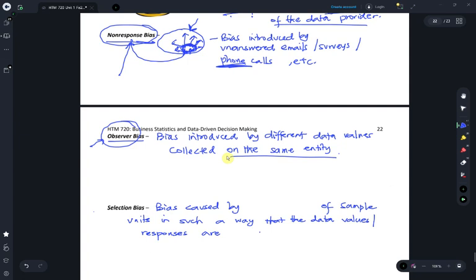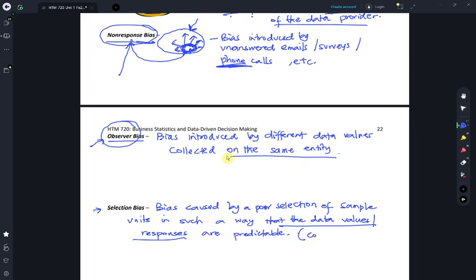Then finally, we have selection bias, which is bias caused by a poor selection of sample units in such a way that the data values or responses become predictable. We saw an example of this when we considered convenient sampling.